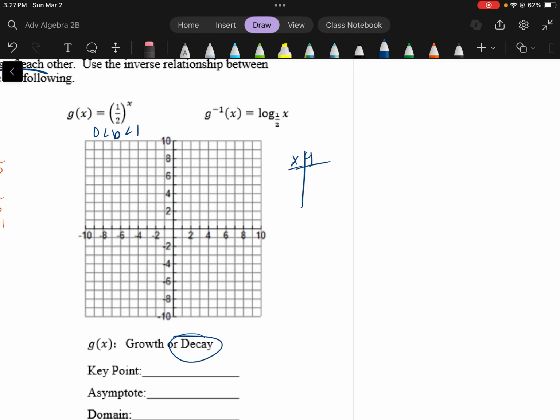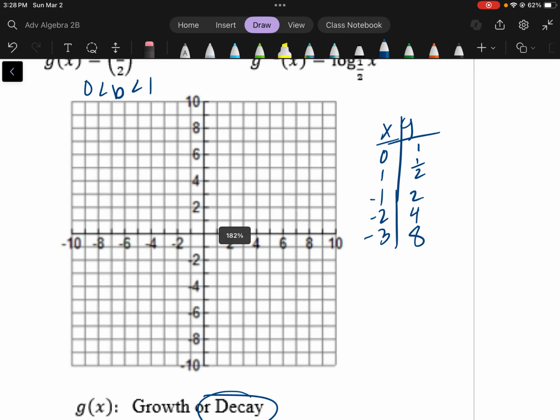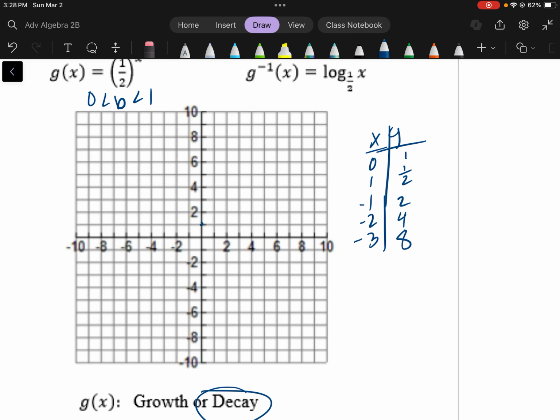We're going to plug in 0, 1, -1, -2, and -3. That's going to result in 1, 1/2, 2, 4, and 8, just like we did the other day. So I can go back and graph these: (0, 1), (1, 1/2), (-1, 2), (-2, 4), (-3, 8).